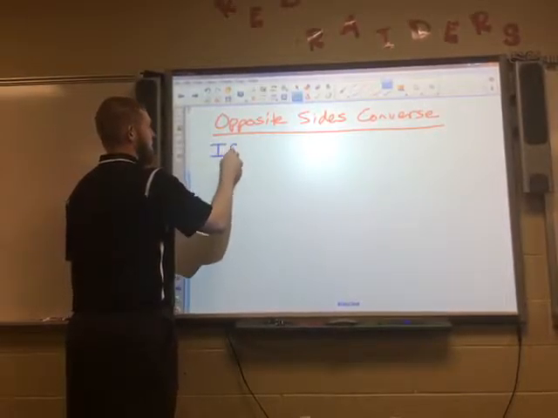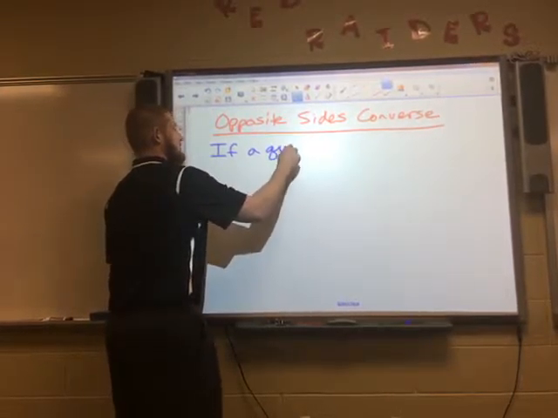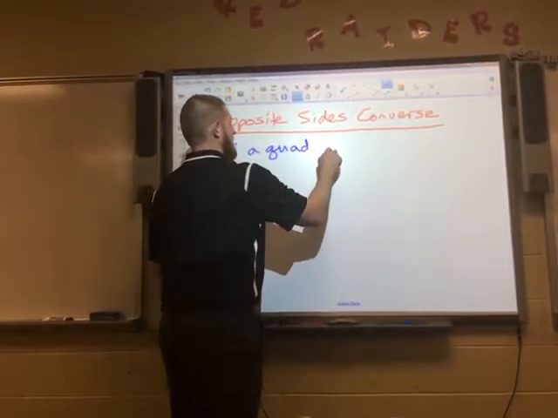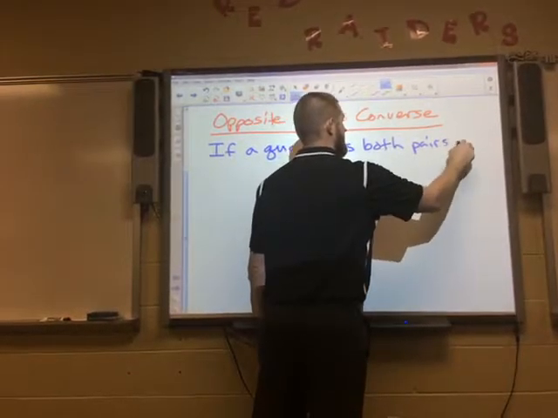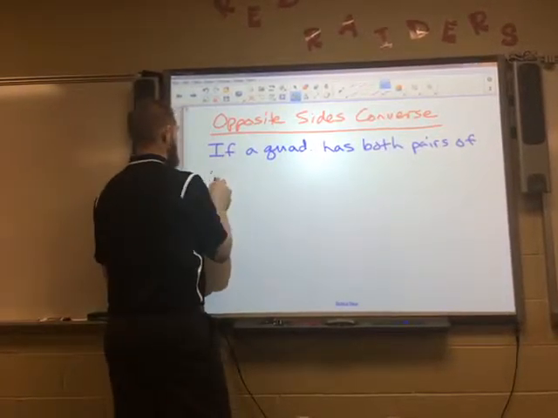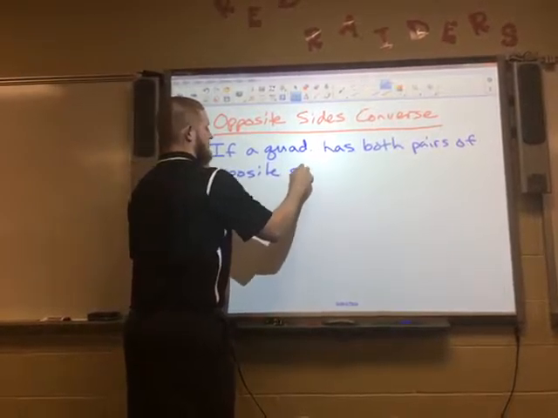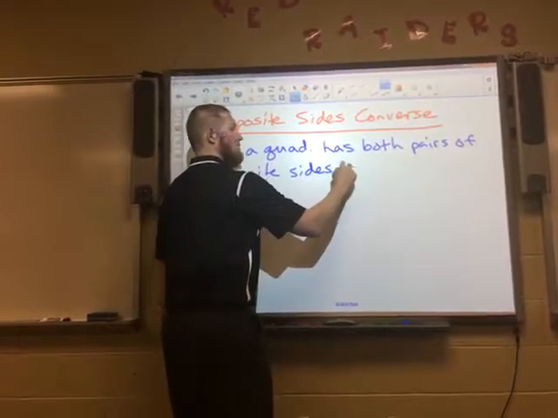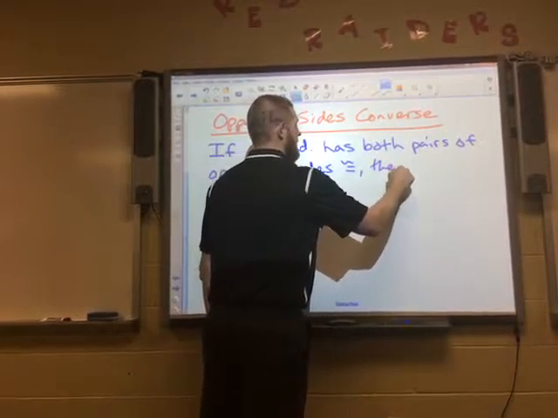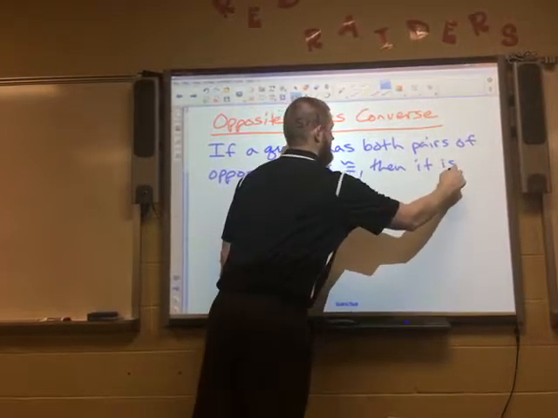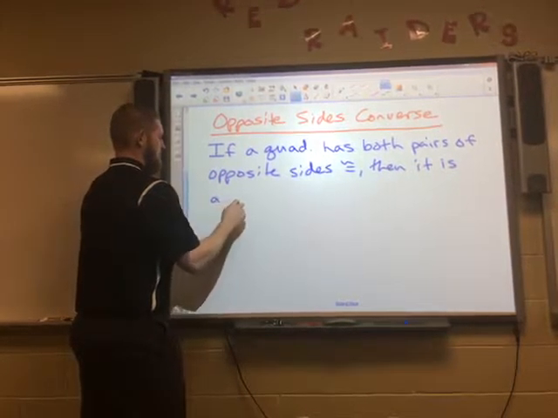So if a quadrilateral has both pairs of opposite sides congruent, then it is a parallelogram.